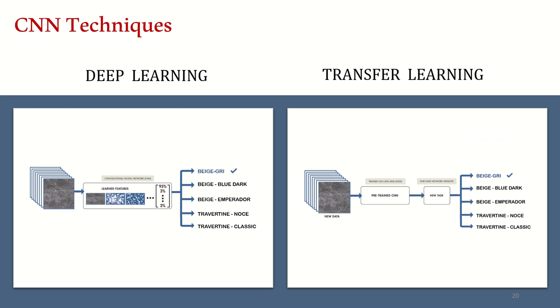Firstly, we use deep learning and then transfer learning to classify the marbles. Deep learning extracts features from images from the dataset, but transfer learning is a little bit different, because transfer learning uses ImageNet weights to classify our data.